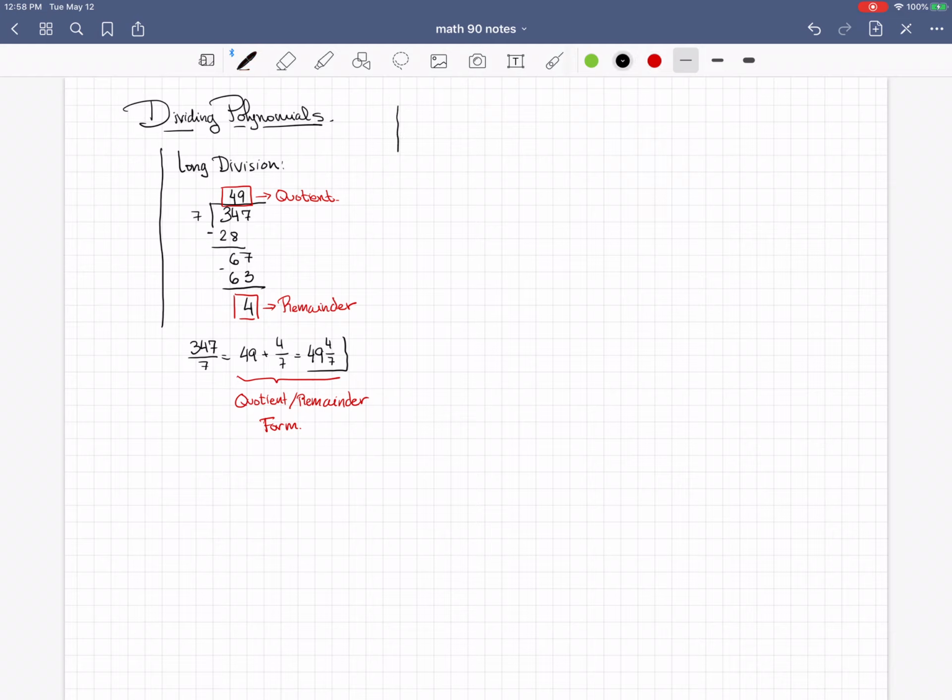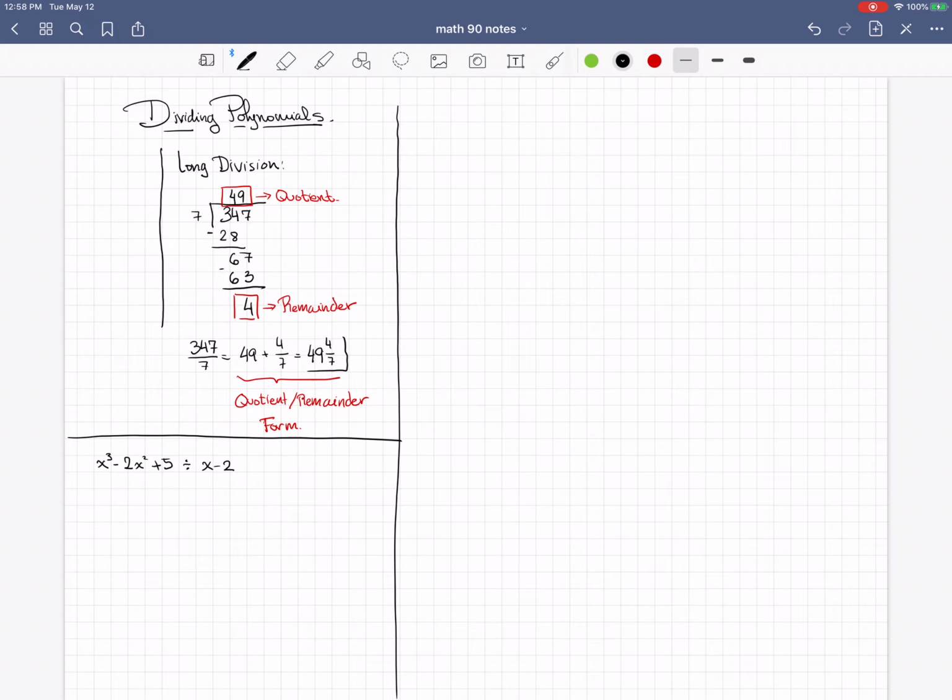So let's do a very similar example, except this time, let's do it with polynomials. I'm actually going to do several examples, and this first one I'm going to do down here below. So let's divide x cubed minus 2x squared plus 5 by x minus 2.